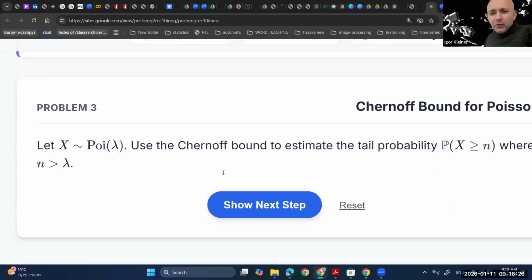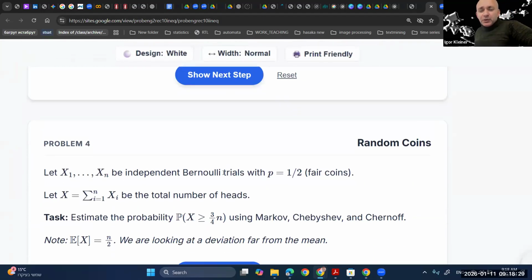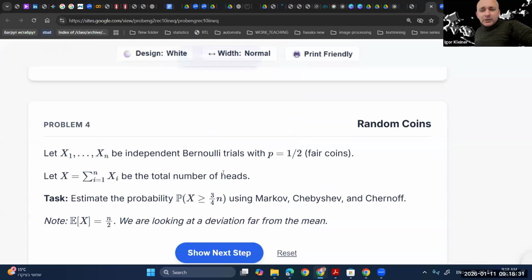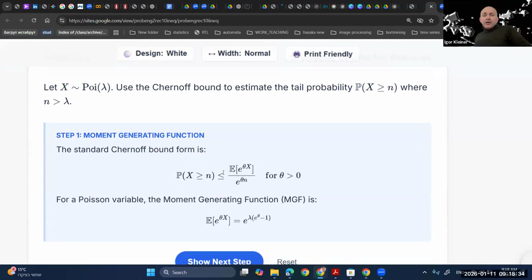So this is the last question for now. The additional questions, I advise you to read. The last question for now, question number 3. We have x, a Poisson random variable, and we want to find an upper bound for the probability that x is greater than or equal to n. Let me remind you about the Poisson random variable.